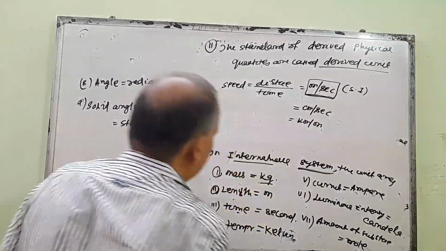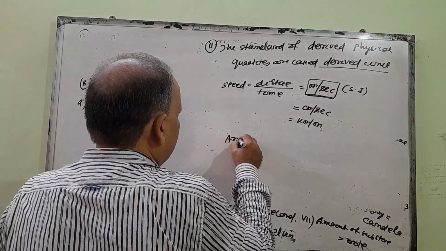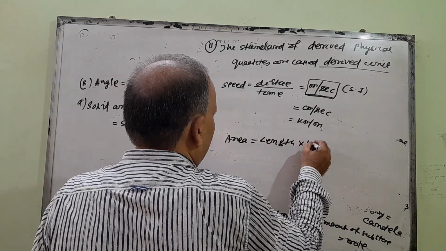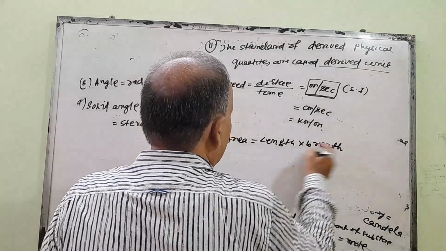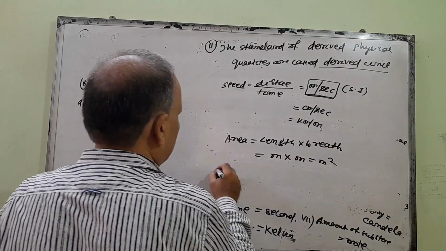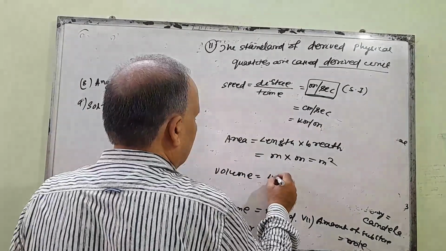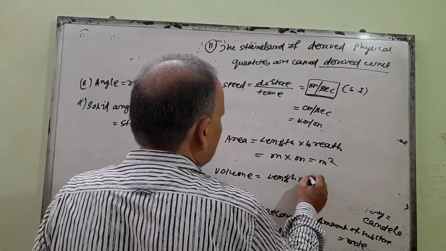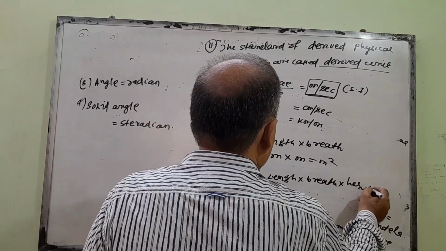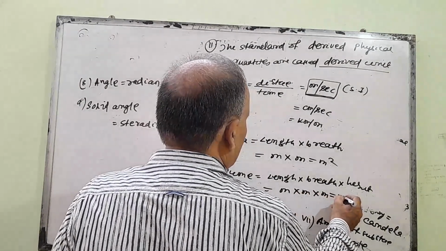Similarly, another one is area. Area is length into breadth. Both are lengths, so meter into meter is meter square. Next, volume is length into breadth into height, that is meter into meter into meter, meter cube. All are SI.